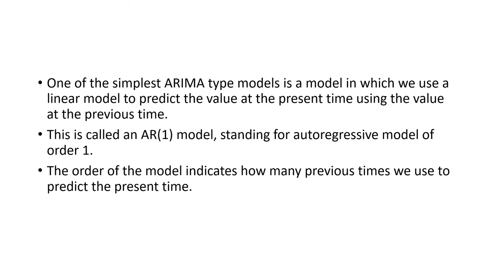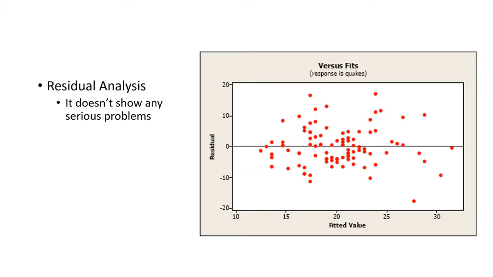So the order of the model indicates how many previous time we used to predict the present time. In this case, we use one previous time to predict the present time. So we run auto-regressive 1 and we check the residual.